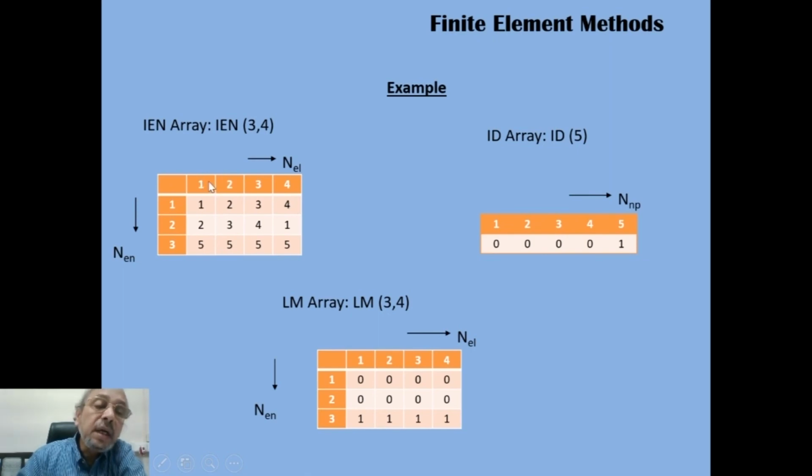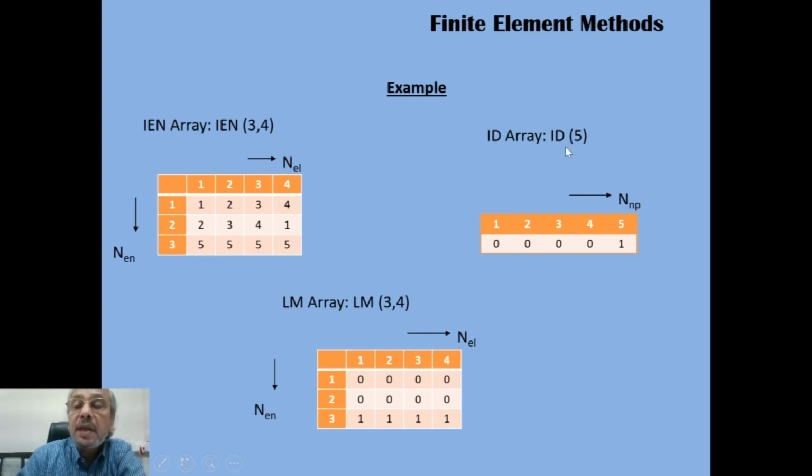Similarly, again the first element, local node 2, what are the global node numbers? Second element, second local node number, what is the global node number? Third element, again second local node number, what is the global node number? So this way we have to fill out this table. So this array is called the IEN array.